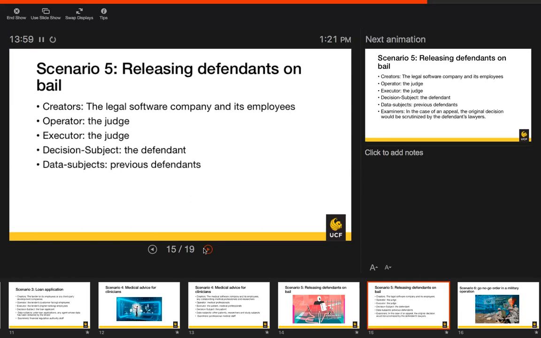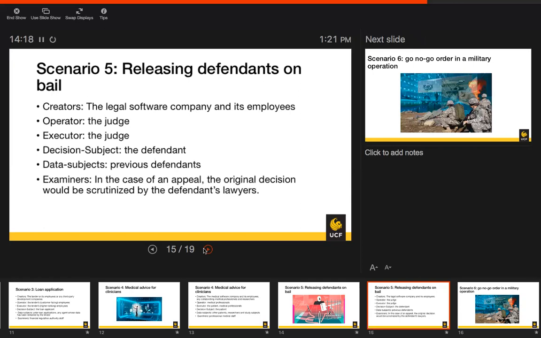He will be influenced by the decision, by the executor's decision. The data subjects would be the previous defendants. They will train the model based on the performance of previous defendants. And examiners, in this case of an appeal, the original decision would be scrutinized by the defendant's lawyers in the future.